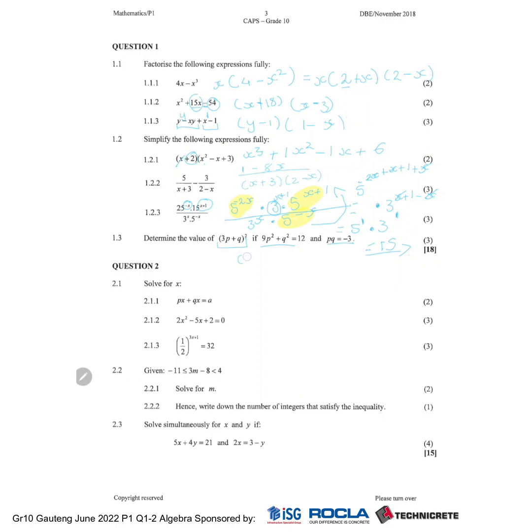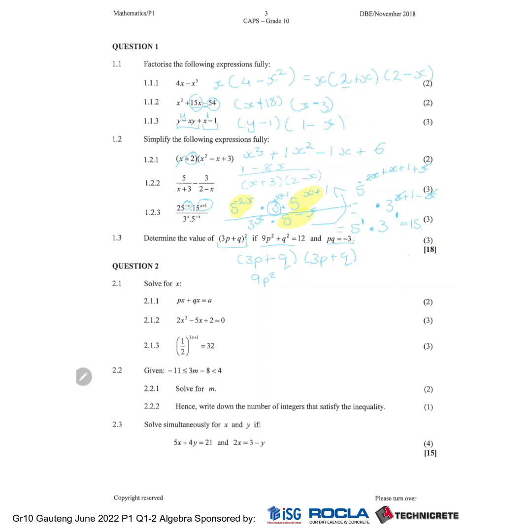Yes. So we have 3p plus q times 3p plus q, and then 3p times 3p is 9p squared.